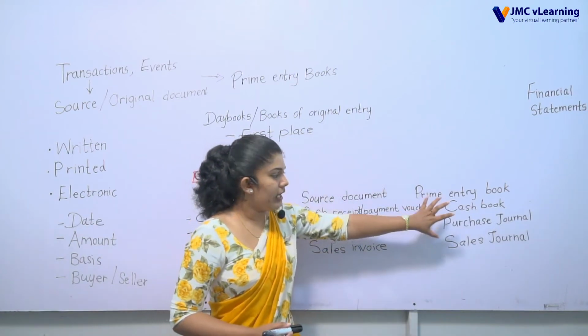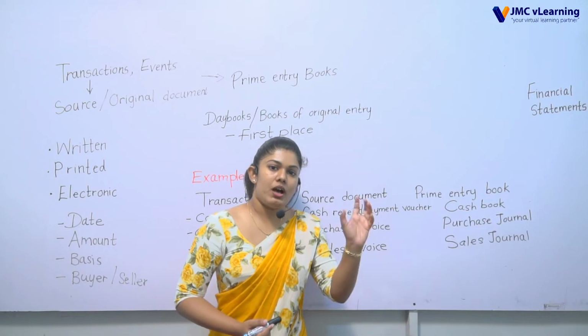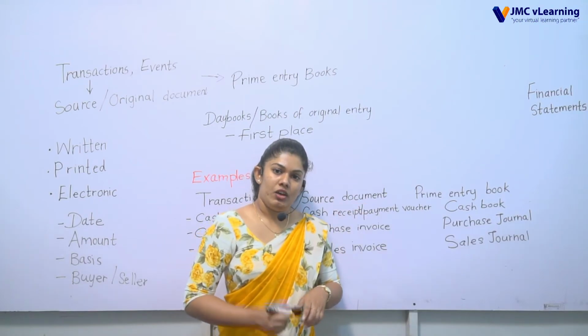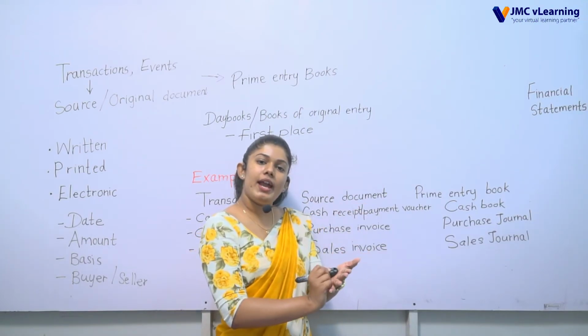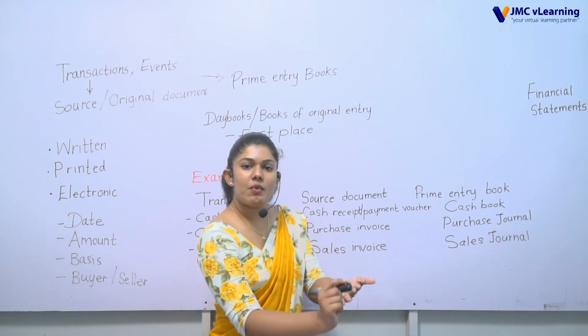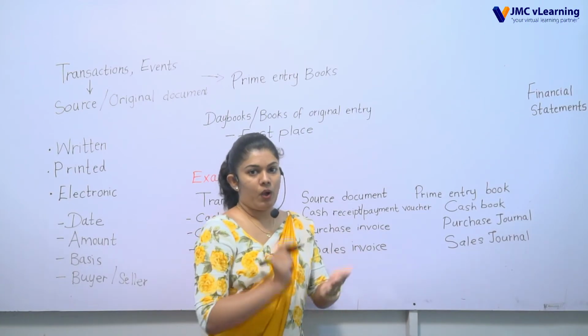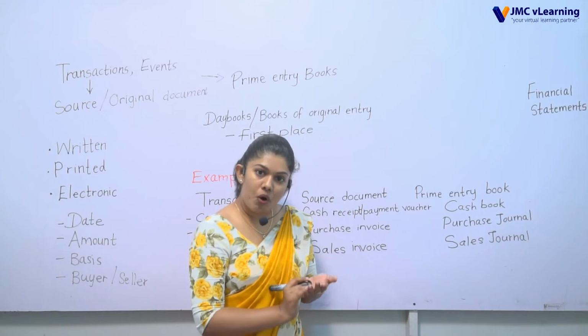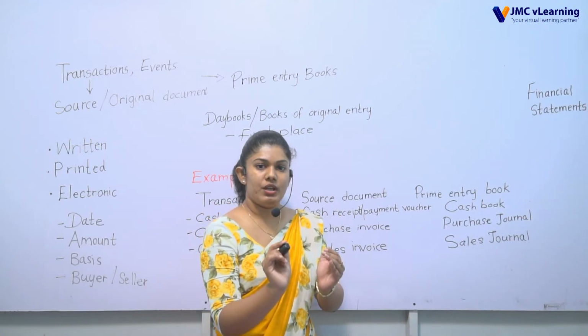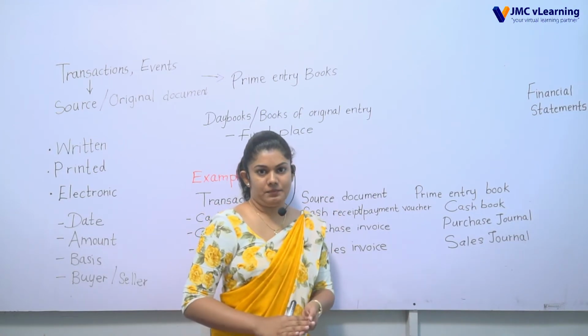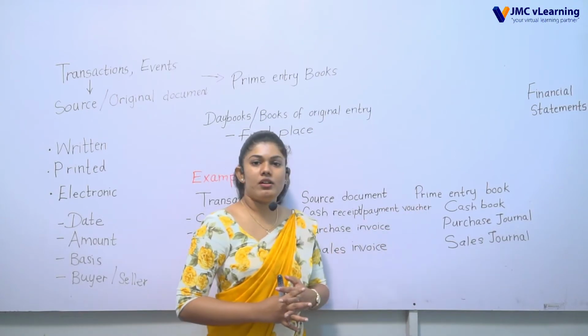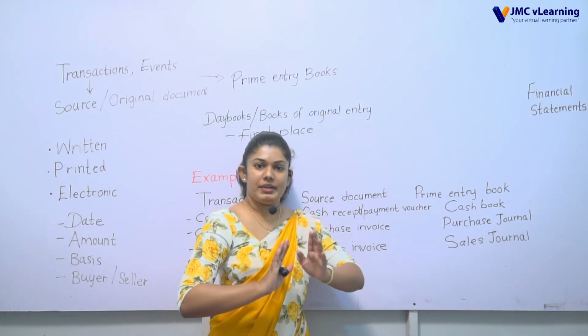This is like a diary. Prime entry books are almost like diaries. We just record on this date we received this much of goods. On this date we sold this much of goods to this person. And the cash book is also the same. It records debits and credits.